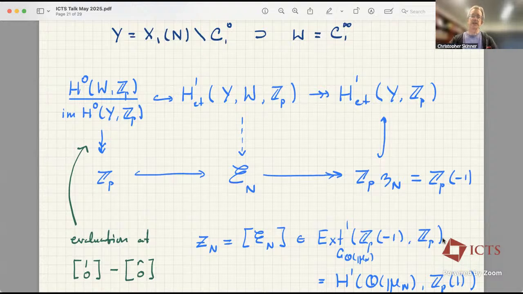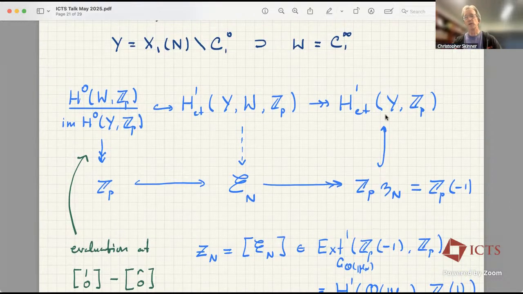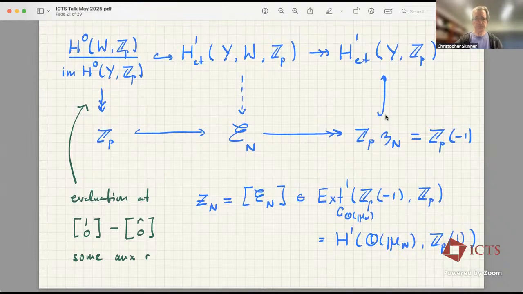So if you remember what I said, you take some subvariety where the Galois representation that you're interested in shows up, and then you look at a larger variety, in this case W or Y. So we look at W inside Y, and then we do a construction in the cohomology of that larger variety to find our classes. So that's what's happening here.